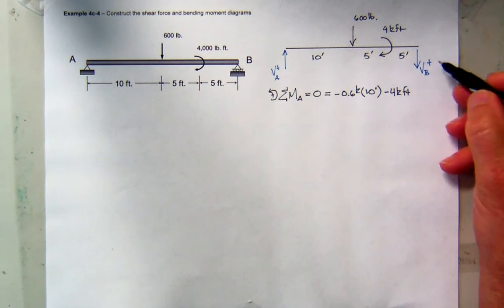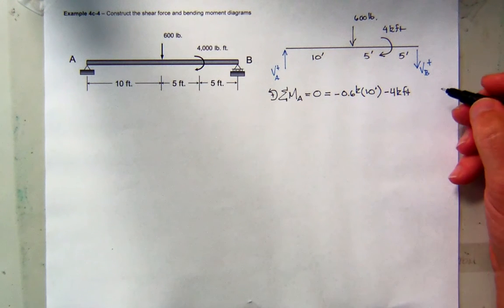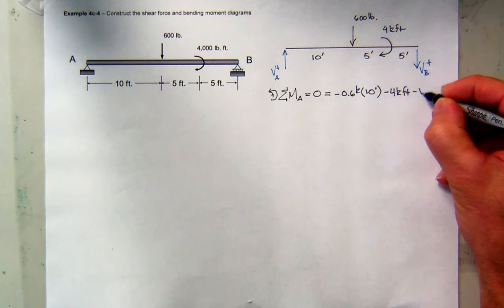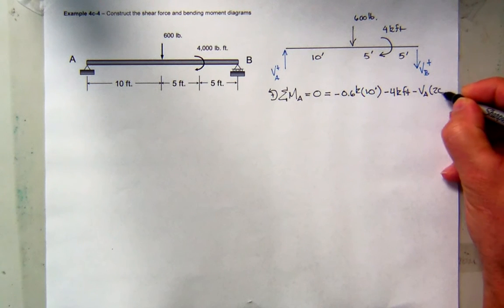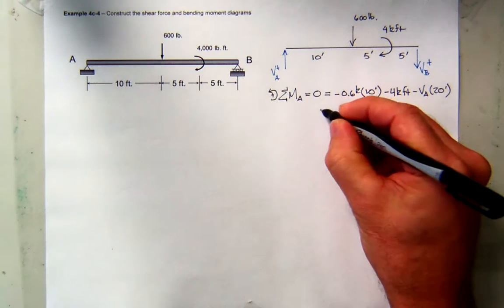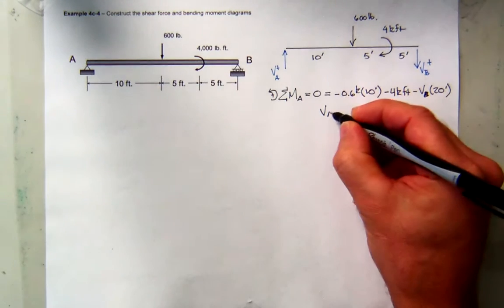And then I have the shear at B. What kind of moment does that create? Negative. And what's the distance from A to B? 20. So now I will solve for the shear. I said A, I meant B, sorry. What is the shear at B?